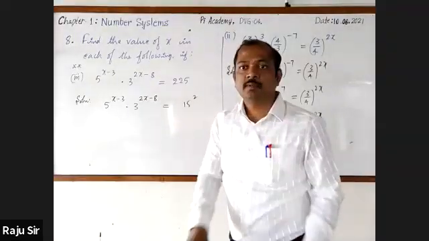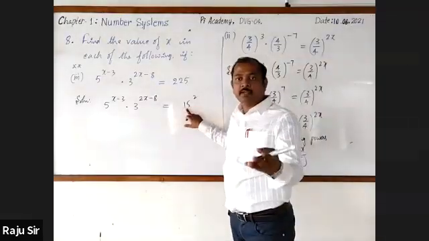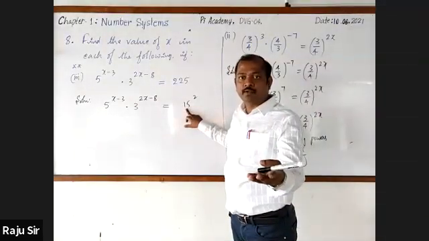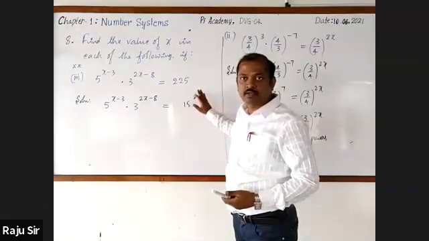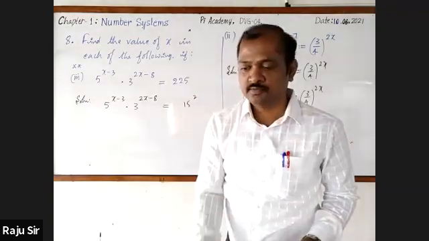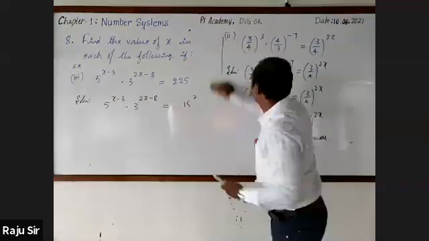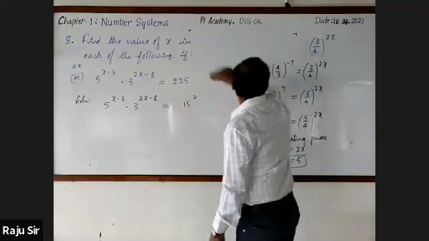No, sir. How can you try? It can be separated into 3 square into 5 square. Very good, you are right. 15 can be written as 3 into 5, so it will be 3 square into 5 square. Did you understand?